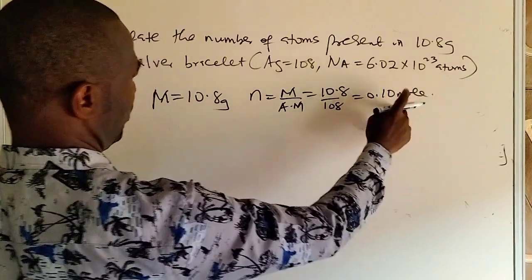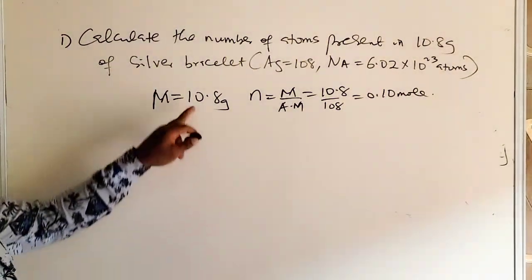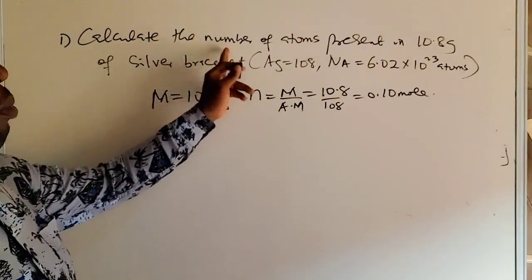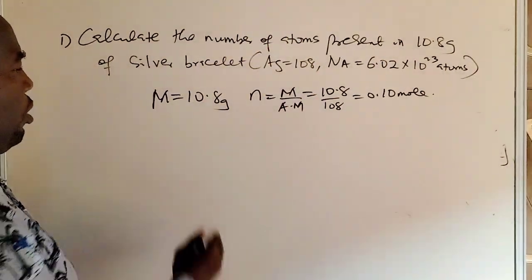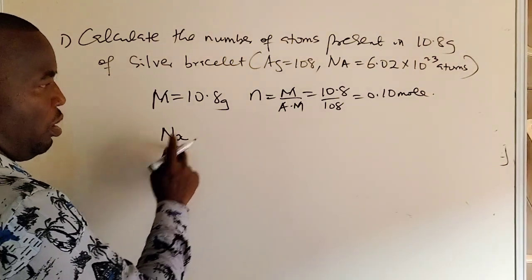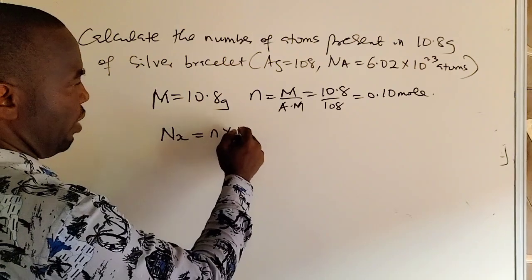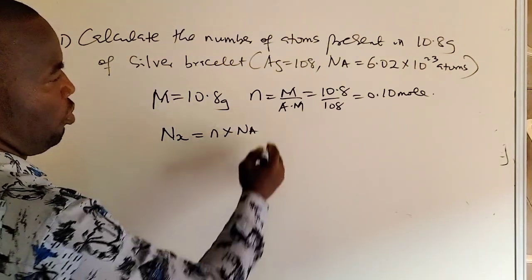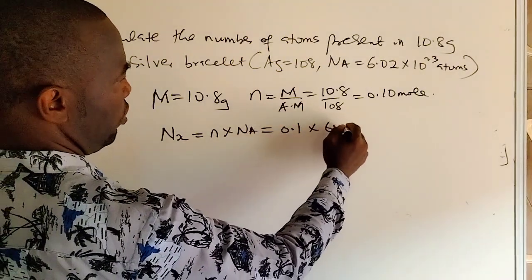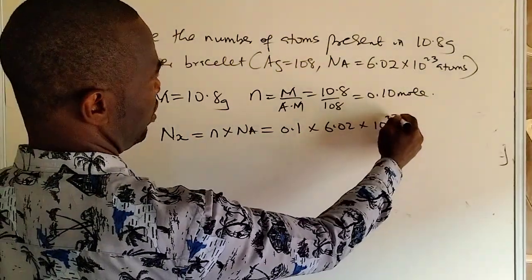So this is the number of moles of silver present in 10.8 grams of silver. But we are not looking for number of moles, we're looking for number of atoms. Remember I told you the number of atoms, which is NS, where S stands for atoms, is now number of moles times Avogadro's constant. So multiply the number of moles you got from there, 0.1 times 6.02 times 10 to the power 23.